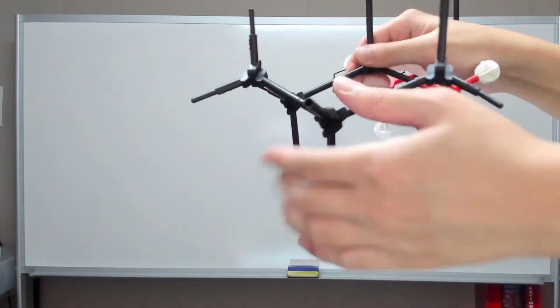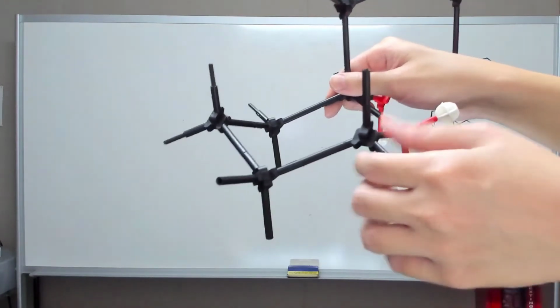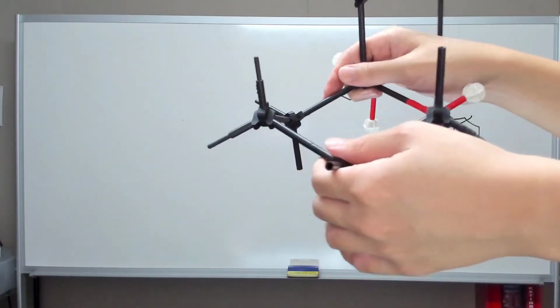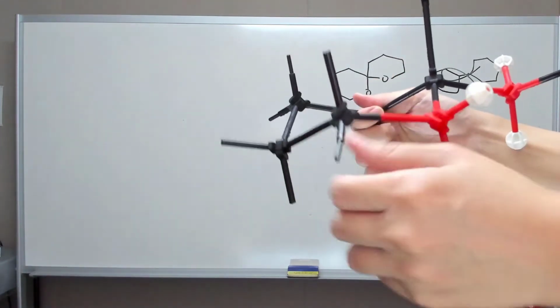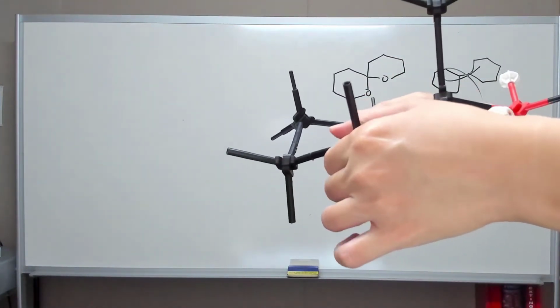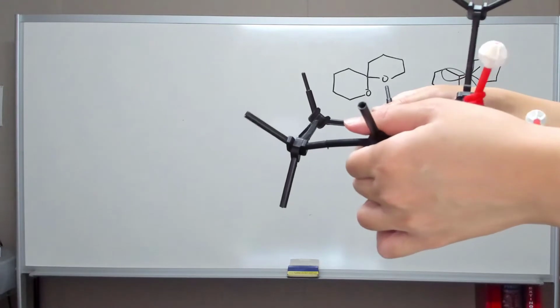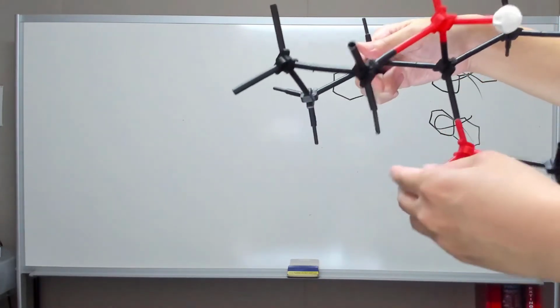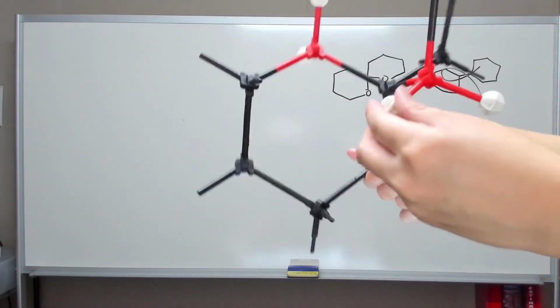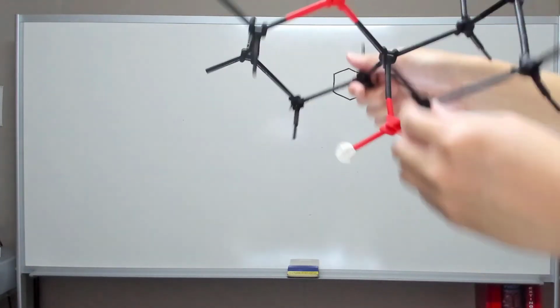I'm not going to cheat here. I'm going to do a ring flip, and you can see for yourself. I'm just going to do a ring flip like this. Can you see this ring flip which I did? Then I'm going to do another ring flip like this.